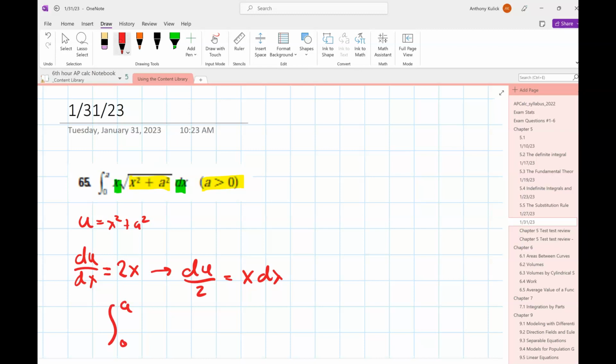So the integral from 0 to a is just u to the 1/2 du over 2, and I'm going to write the over 2 out front. Everybody's okay there? Now, this isn't quite right, what I've written. What do I still need to do? I need to adjust my bounds.